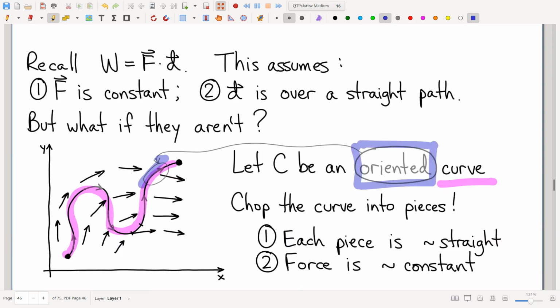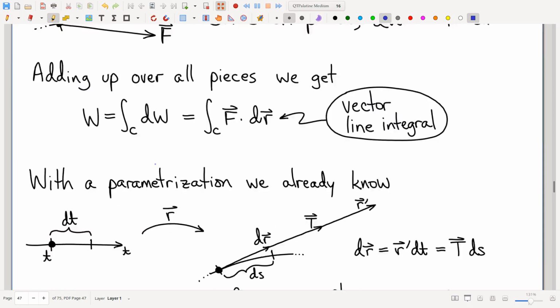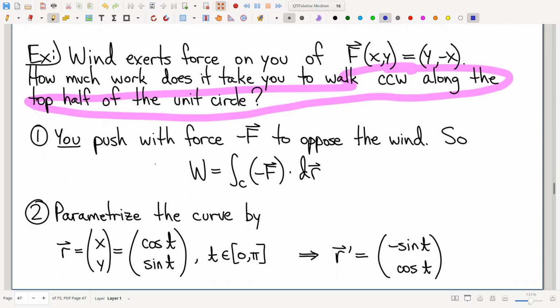That orientation tells us which direction of our two options, which direction along that curve is what we're talking about as the direction we're going along the curve. So we need an oriented curve. And notice we have an oriented curve. We're told specifically that we're going counterclockwise. Is that cool? Everybody see what we got there?